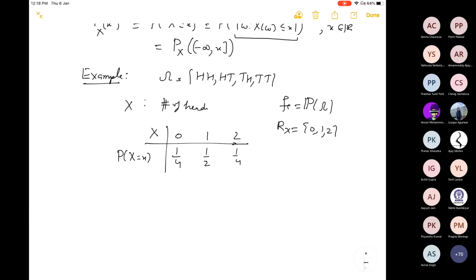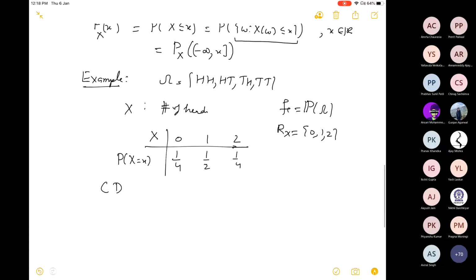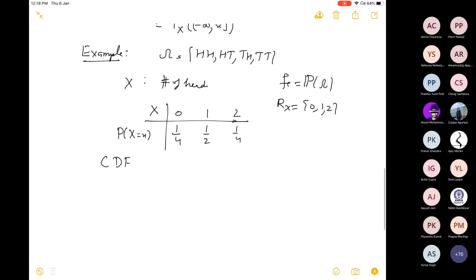So what is the CDF here? Because this is a discrete type random variable, this is known as the probability mass function, PMF. And what is the corresponding CDF, cumulative distribution function?